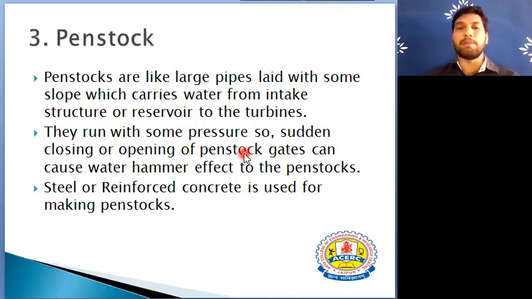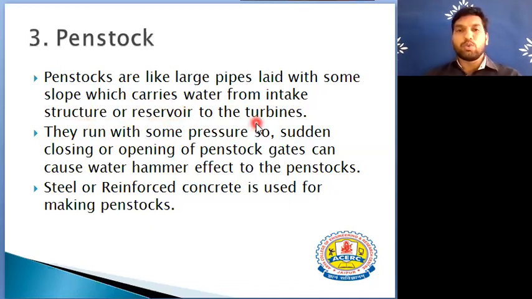Now the next one is the penstock. Penstocks are large pipes made of steel or concrete, which are used to convey the water from the forebay structure to the turbine. So penstocks carry the water from the intake structure or reservoir to the turbine.